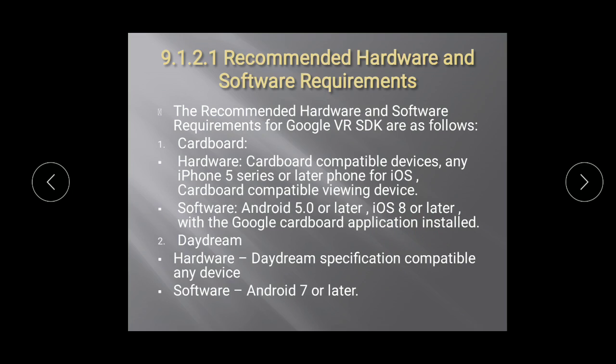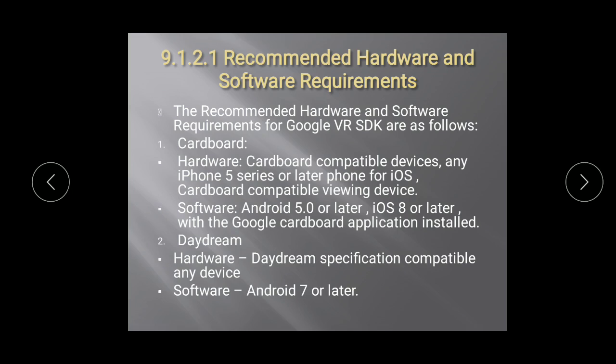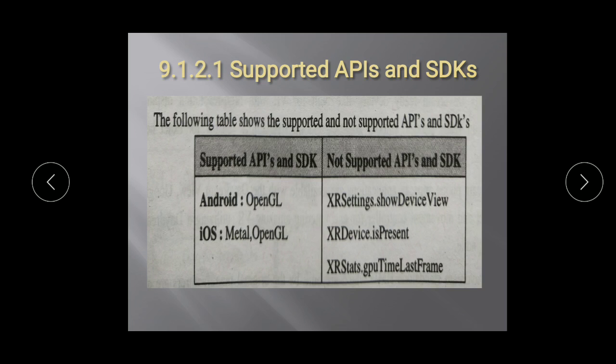By default they can install it, but they should have version 8 of iOS, and at least version 5.0 for an Android phone. For Daydream, the recommended hardware is any Daydream-specification-compatible device. Daydream-compatible means any device on which it can run would be accessible. For software, Android 7 or later should be there to run Daydream.